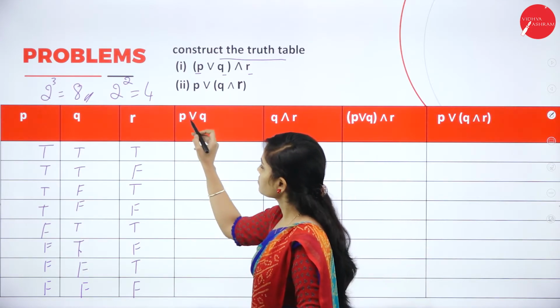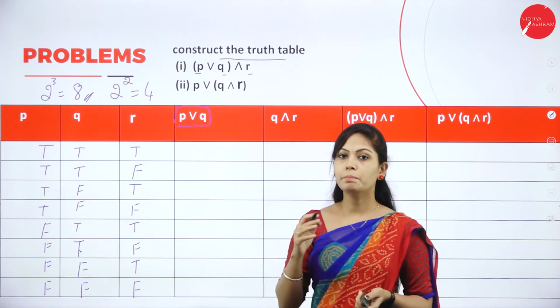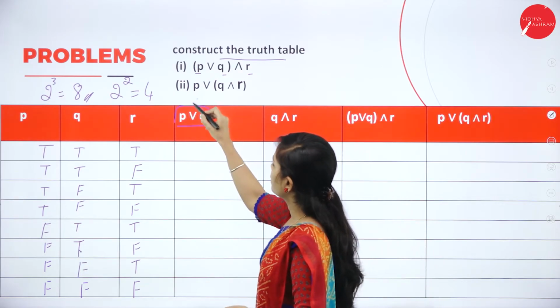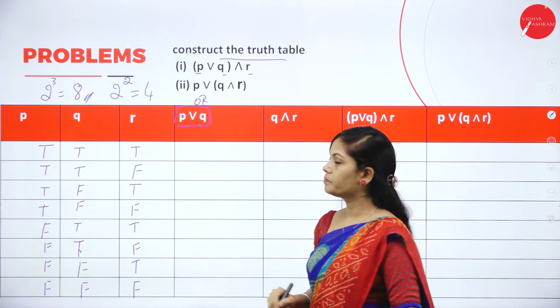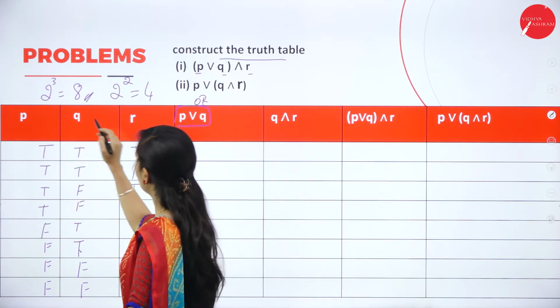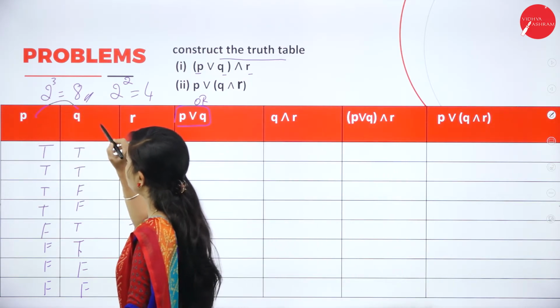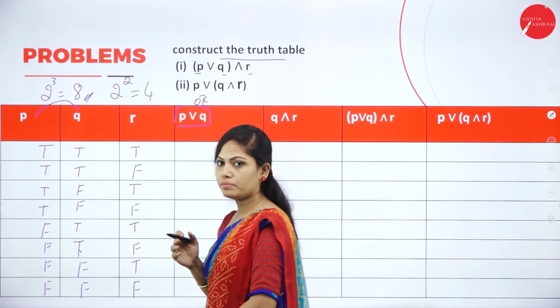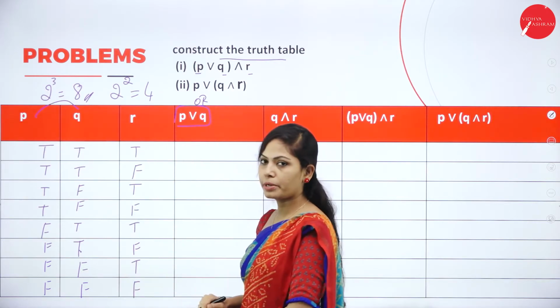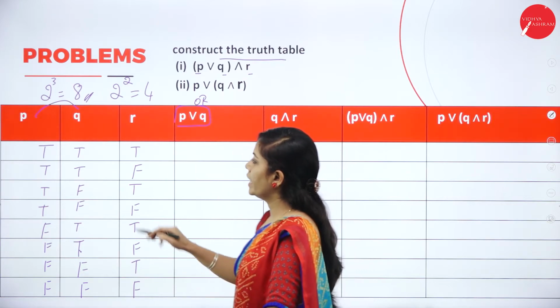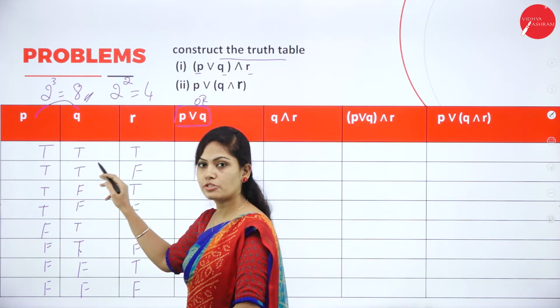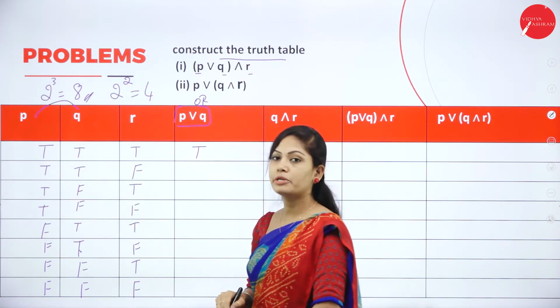So here, first I will find out P or Q. We have to use the OR operator. You just consider these 2 columns, P or Q, and we are using OR operation. In OR operation, if any one of the statements is true, the final statement is also true.